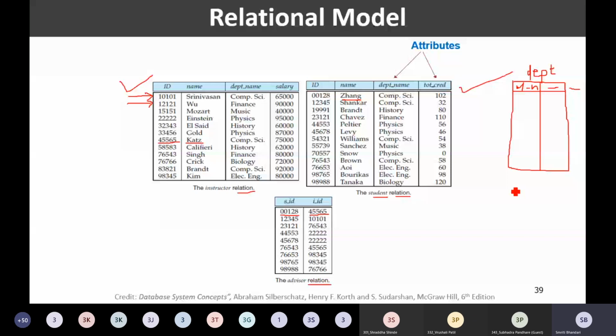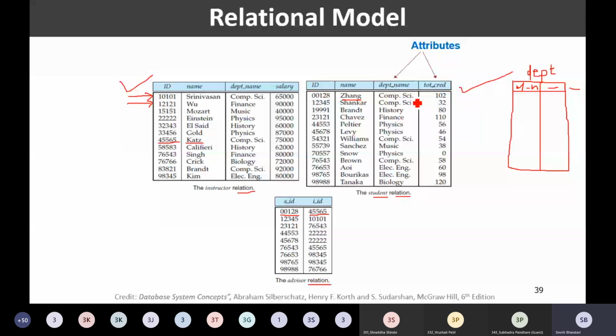In my student table or in my instructor table, I am having department name. But if I try to input one student with say computer science department, so I am inputting here department name as computer science.